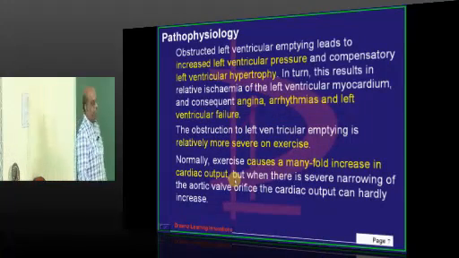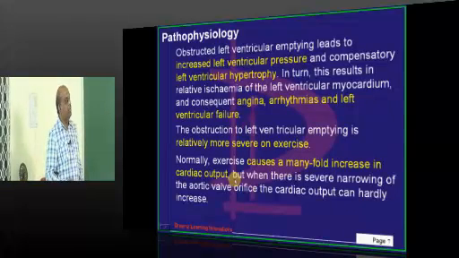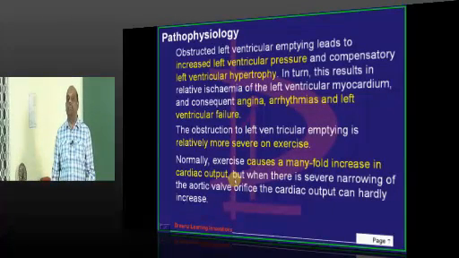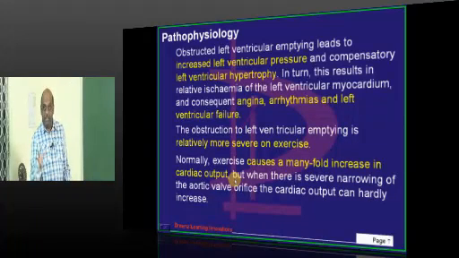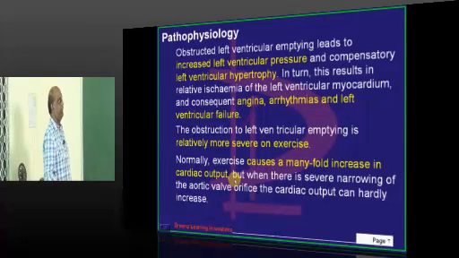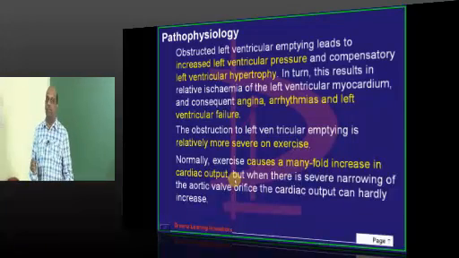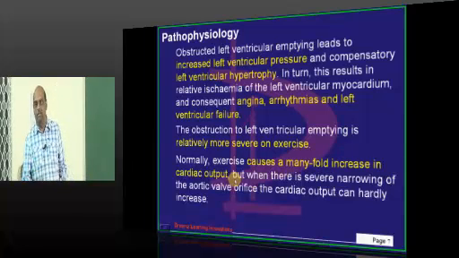Now, doctor, what is the pathophysiology in aortic stenosis? Because of the aortic stenosis, the left ventricular pressure will elevate, and that leads to LV hypertrophy. And when there is LV hypertrophy, it wants more blood, it wants to drink a lot of blood.